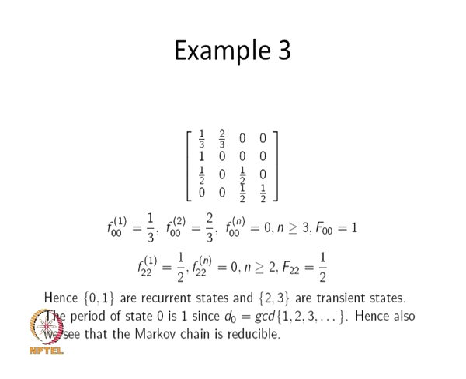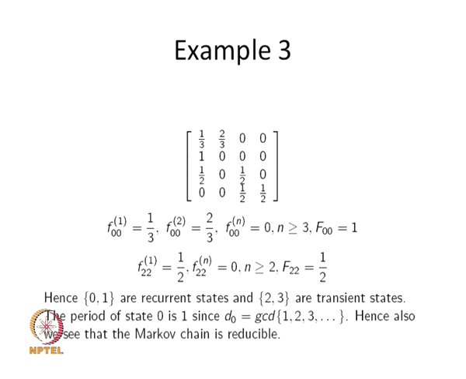The similar exercise you can do for the state 1. The same way you can conclude F11 is also going to be 1. The other way, since the state 1 is communicating with the state 0, this is also going to be of the same type.